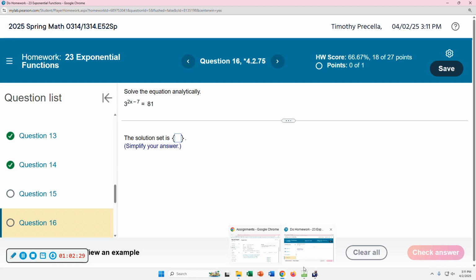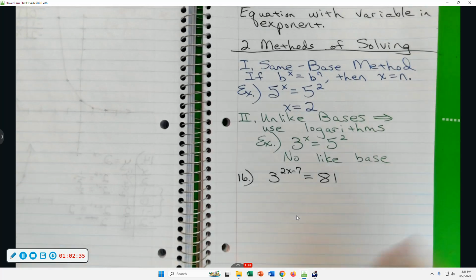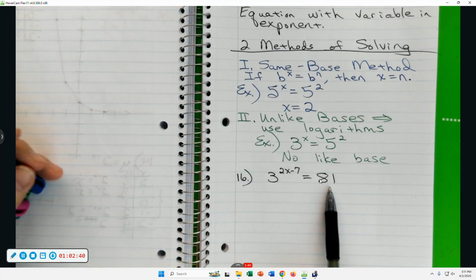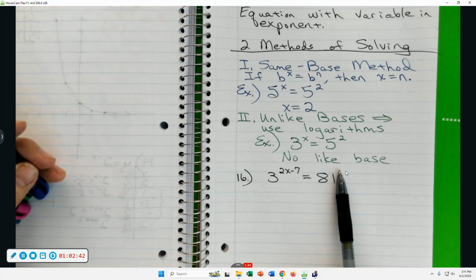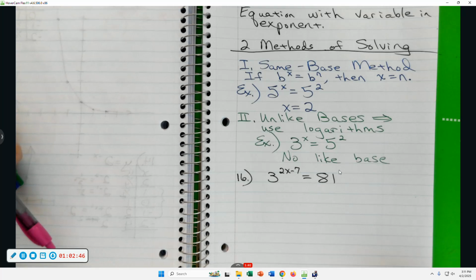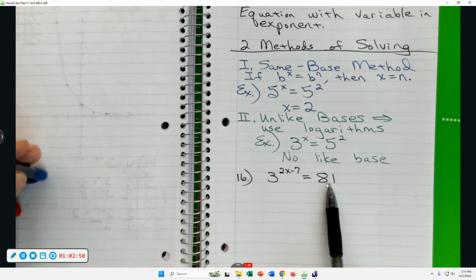The work here is that you have to get the same base on both sides. You say to yourself, well, there's only one base, 3. No, 81's a base too. I don't see a power there, but there's an assumed power of 1. There are 2 bases, 3 and 81.